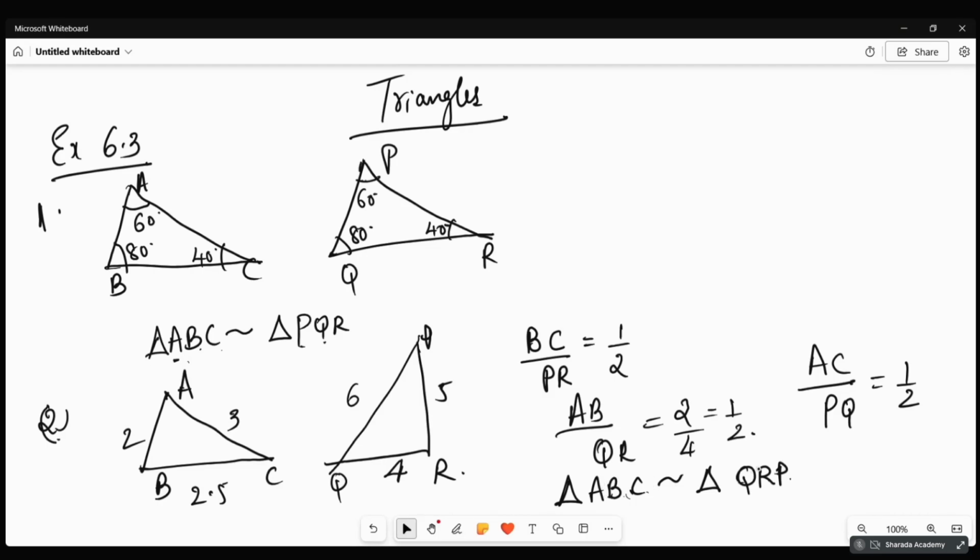Listen everyone once here. When you are writing similar, the corresponding angles should be written in the same order, and even the sides. If you observe, BC by PR, AB by QR, AC by PQ are all equal to 1 by 2. Same order you have, so that order only you should write.